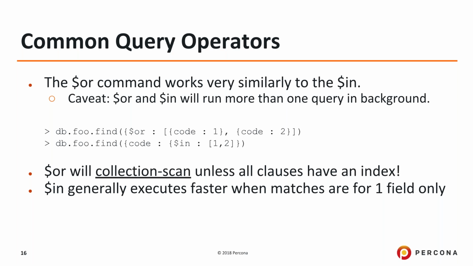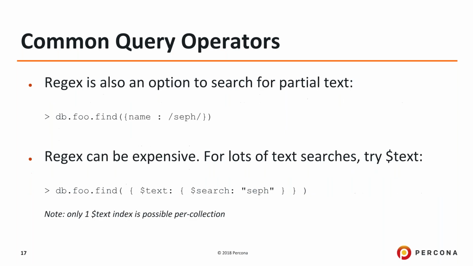But if we had two different fields, so let's say code and author, and only one of those had an index, $or can't use an index unless all of them do. A $in can only operate on a single field, but will use an index. So I hope that makes a bit more sense. Hopefully you can use a $in query instead of an $or for that reason.